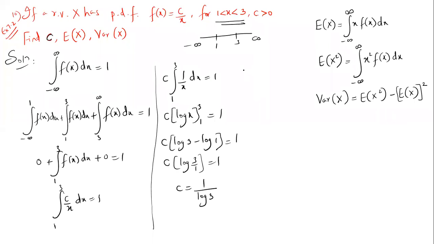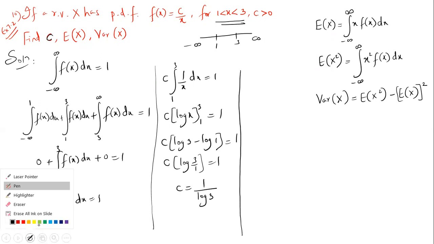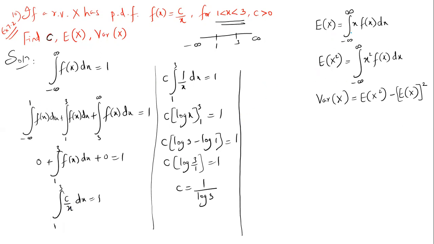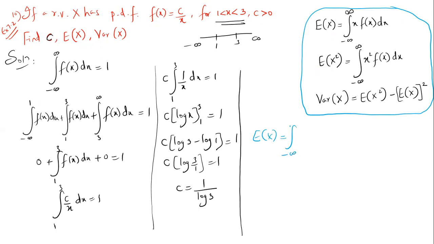Now we found the first answer, that is c. Now we'll find E(x). Now how do I find E(x)? The formulas are written on the right side. So E(x) is minus infinity to infinity of x into f(x) dx. Now if I see, it is not defined from minus infinity to infinity, it is only defined in between 1 and 3.